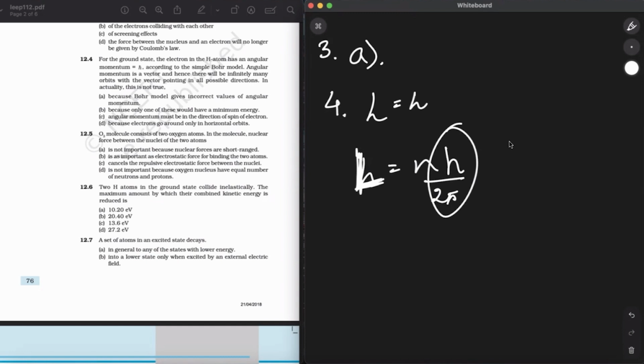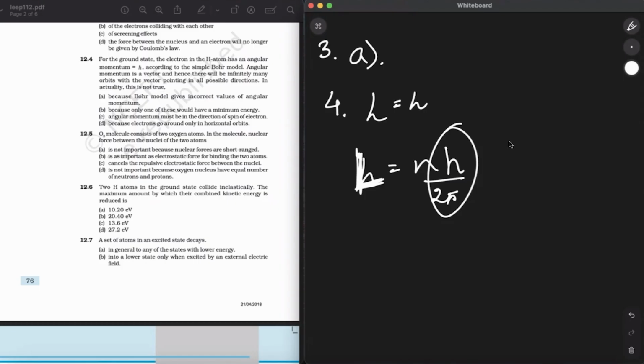Why is option B incorrect? Because only one of these would have a minimum energy. No, because in the ground state, all are in the minimum energy. As many as they can stand in the ground state, they have the same energy values. Option C: angular momentum must be in the direction of spin of electron. No, angular momentum is not in the direction of the spin actually.